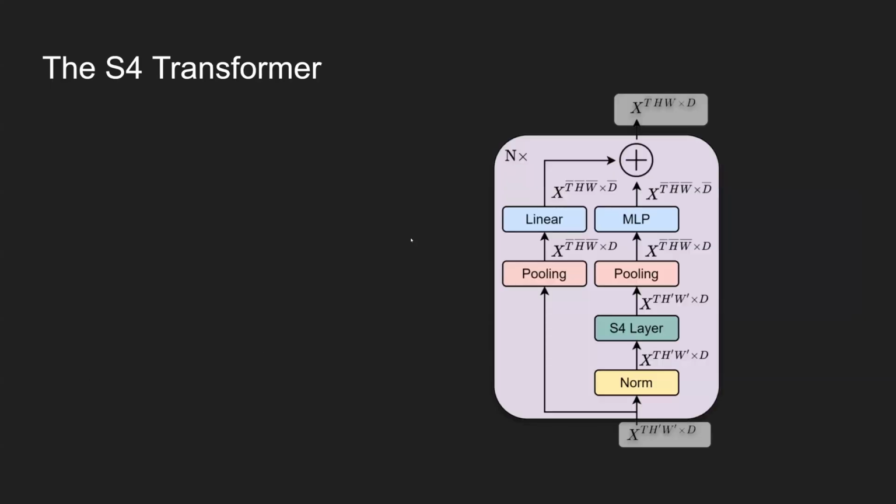This brings us to the S4 transformer, which is what our model hinges on. This was introduced actually in CVPR, and it replaces the self-attention in a transformer with this S4 layer. So similarly to a regular transformer, one branch of the transformer learns this temporal information in the S4 layer, and then both branches are pooled.